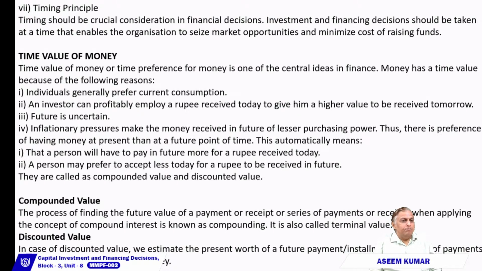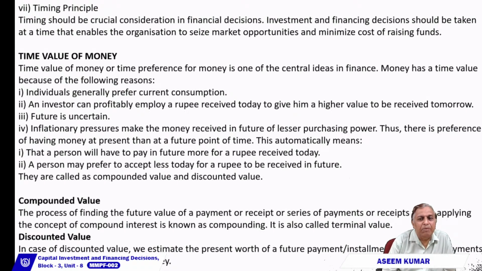Future is uncertain, that you have to admit. Inflationary pressures make the money received in future of lesser purchasing power. Thus, there is a preference for having money at present rather than at a future point of time.